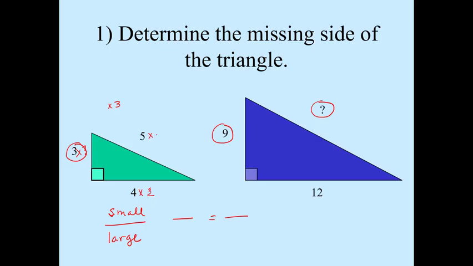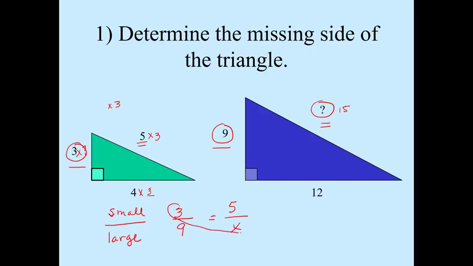So 5 times 3, I could use that and get what? 15 over here. So you could figure it out by that, or you could do 3, the side 3 here is proportional to 9 on the large, and 5, I know, but its side I'm trying to find that matches up with it is x.